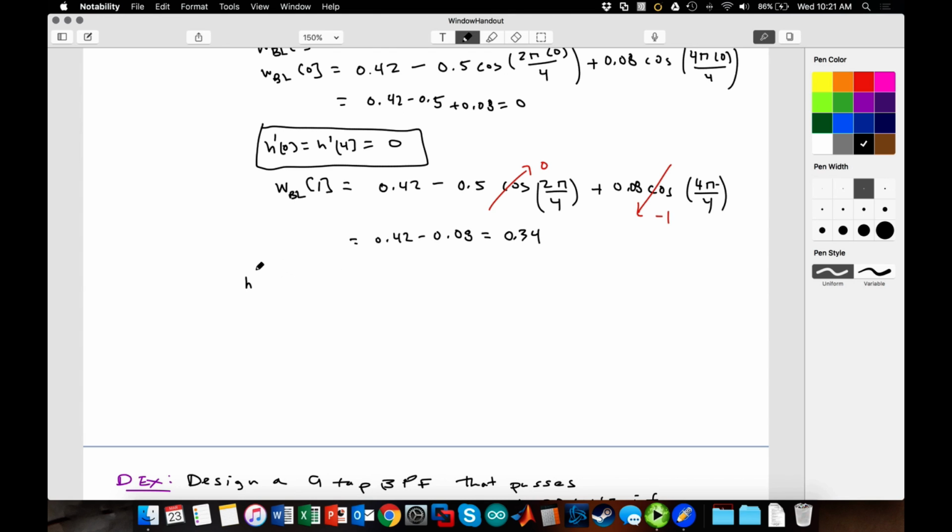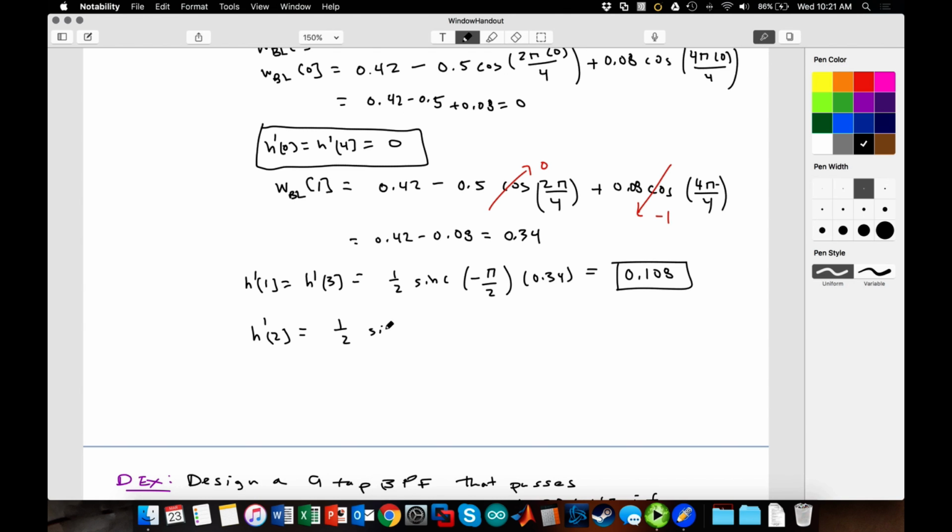So h prime of 1 is equal to h prime of 3, which is equal to 1/2 sinc of minus pi over 2 times 0.34, which is equal to 0.108.